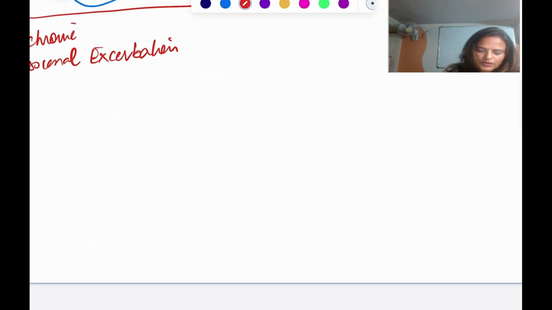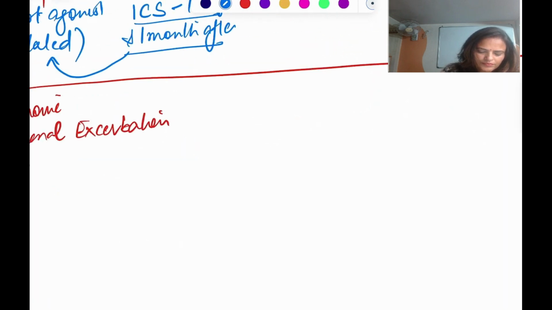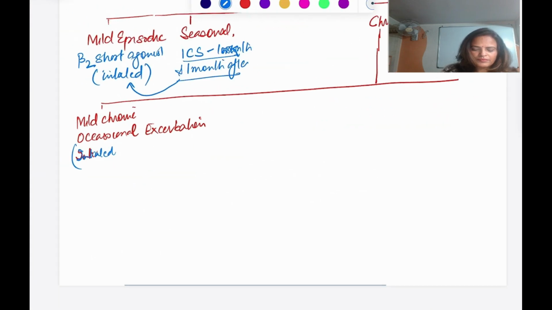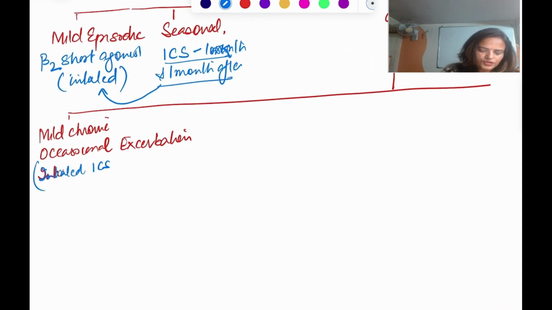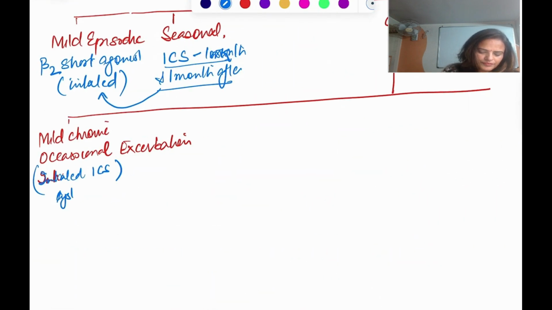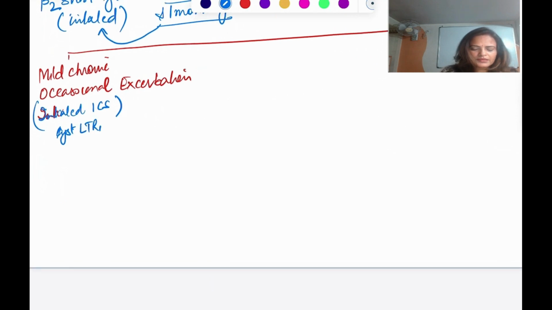So here also we are going to put the patient on inhalational corticosteroids. And if there is an attack in between, then we put the patient on a beta 2 agonist. Along with that, if needed, you can put the patient on a cysteinyl leukotriene receptor antagonist.